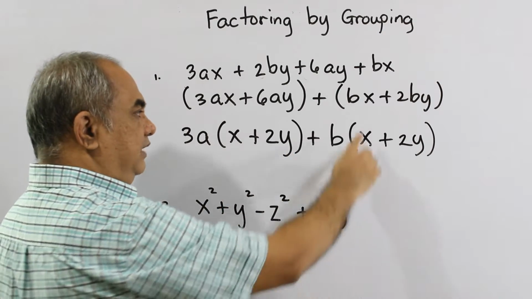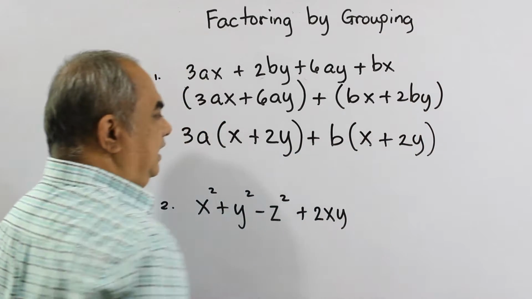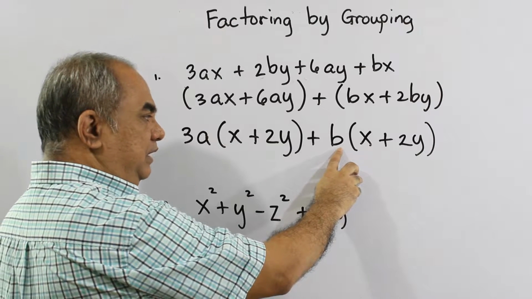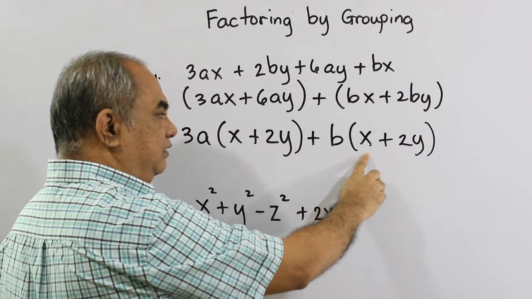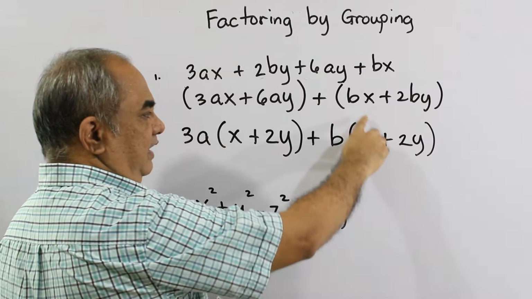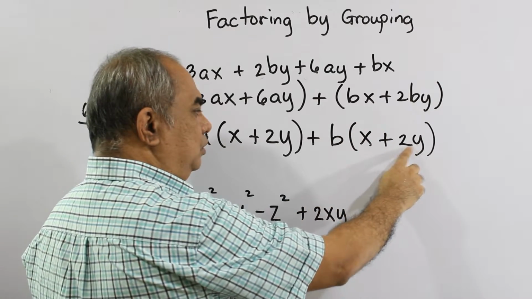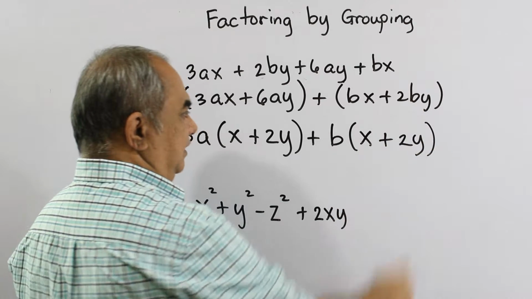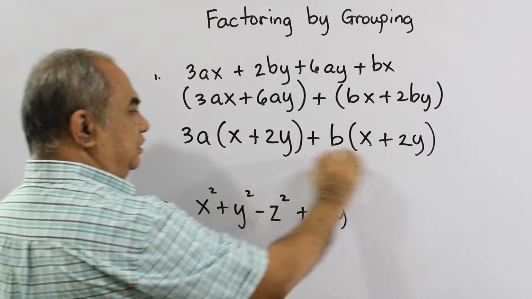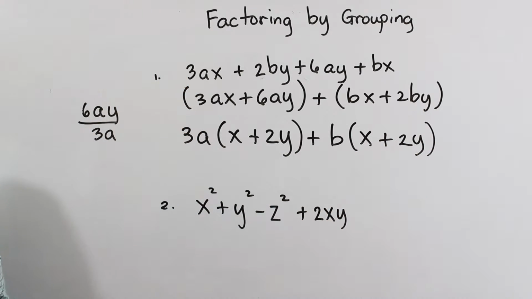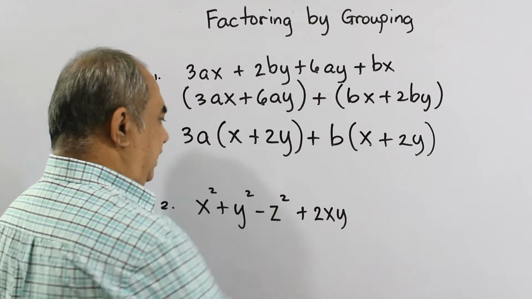Now let's go to the other term. When we distribute b by multiplying it with x, we have bx, and this is our bx. And when we multiply b by 2y, we have 2by. So meaning, for the two terms, we are able to factor them correctly.